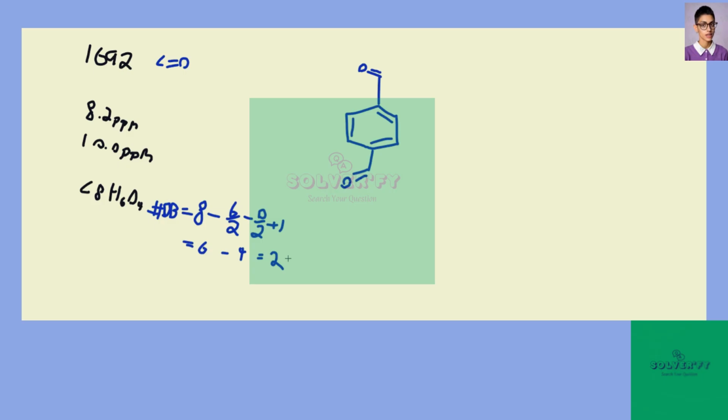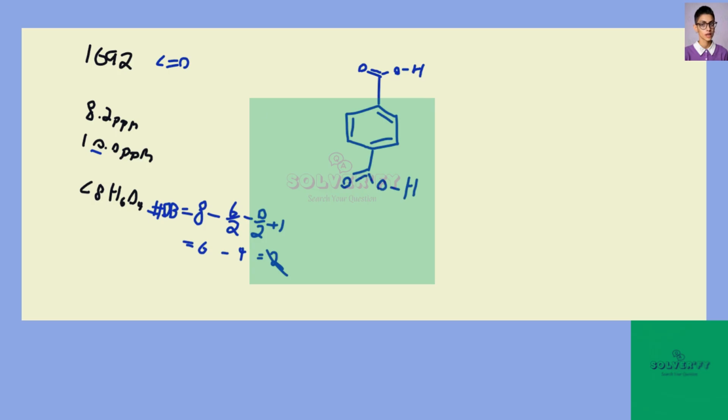So now we have no more degrees of unsaturation to worry about, but we still have 2 oxygens and 2 hydrogens left. And we also have a signal at 10 ppm. So the only way that we can have a singlet is if these hydrogens are bound to the oxygens. And it makes sense because those protons would be very deshielded, so they would have a very high ppm value as indicated here.